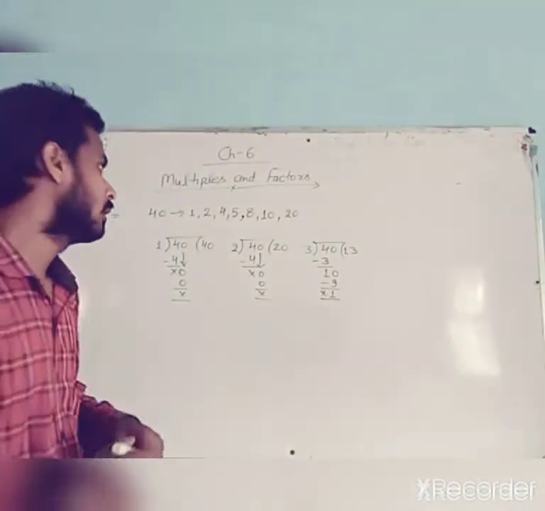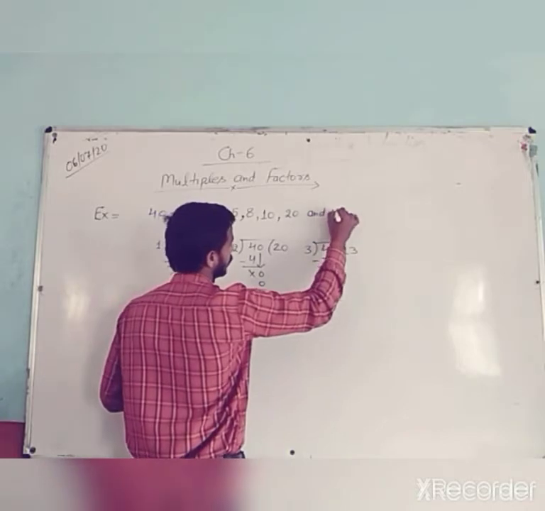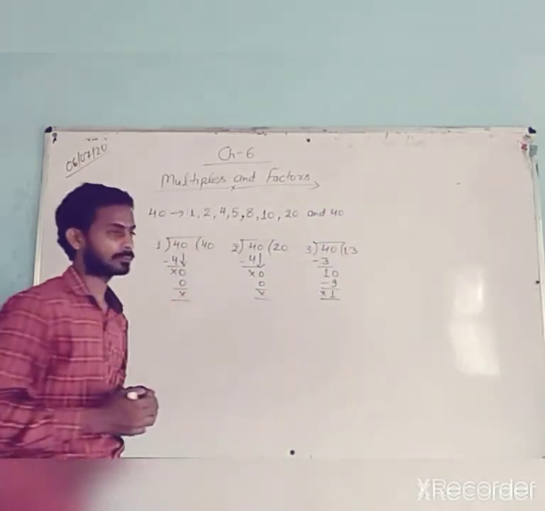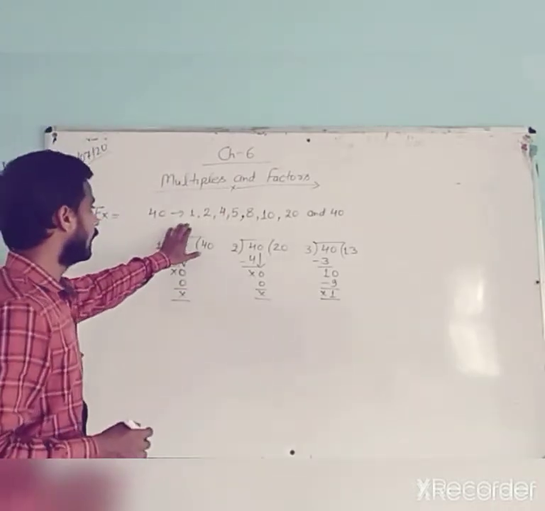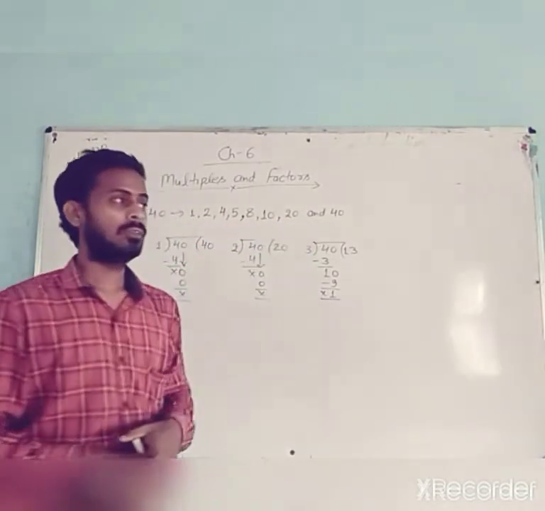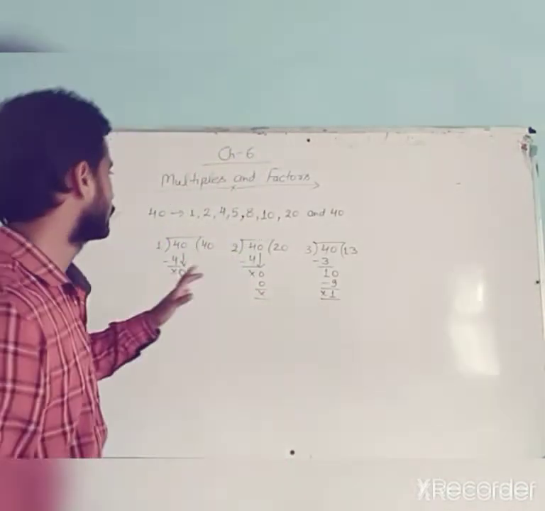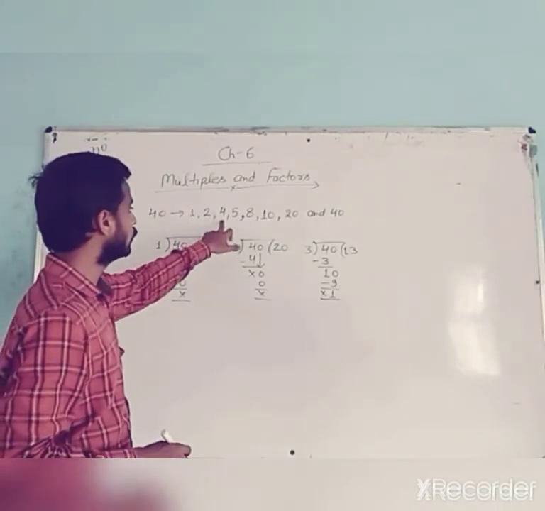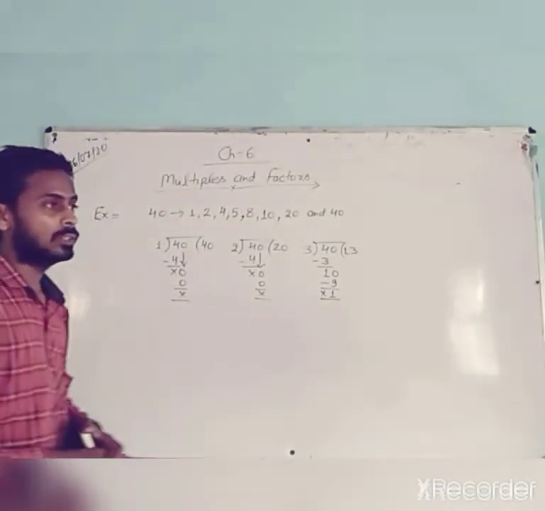And after this 20, the last factor is 40 itself. Is it clear? See, so now we have 1, 2, 3, 4, 5, 6, 7, 8. 40 has 8 factors. Clear? That is 1, 2, 4, 5, 8, 10, 20 and 40 itself.